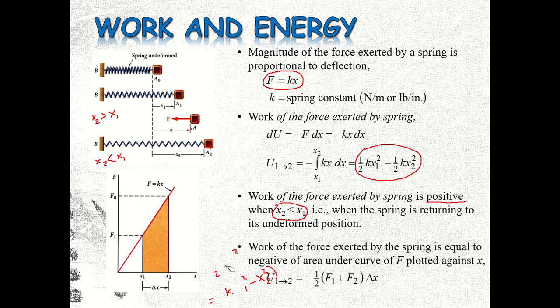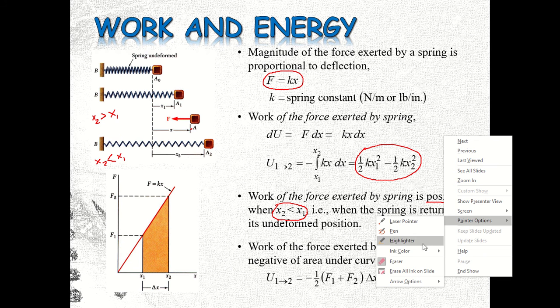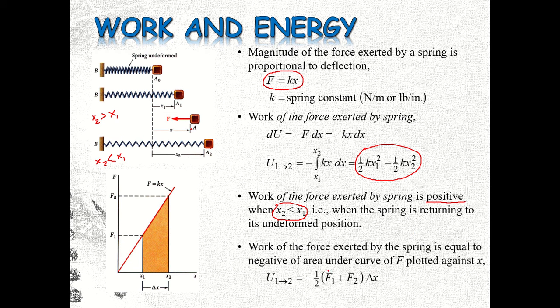It says that work of the force exerted by a spring is equal to the negative of area under the curve f plotted against x. So this is our x-axis, this is our f-axis, and we have here x1, x2, and this is our delta x.